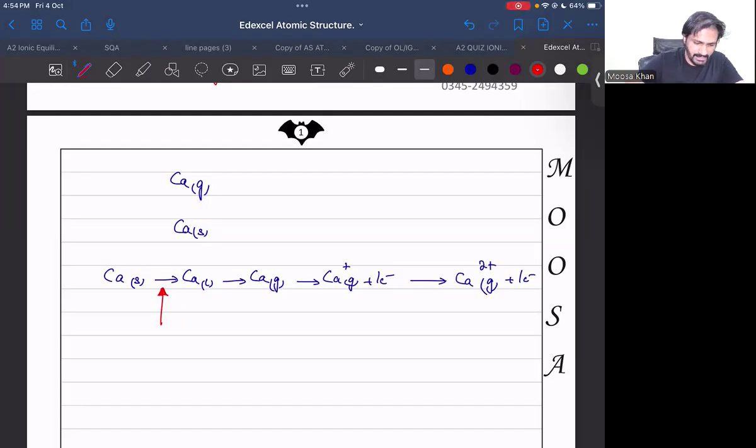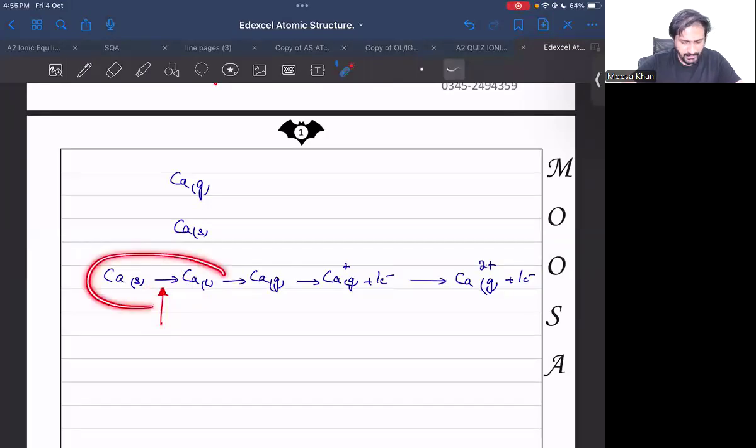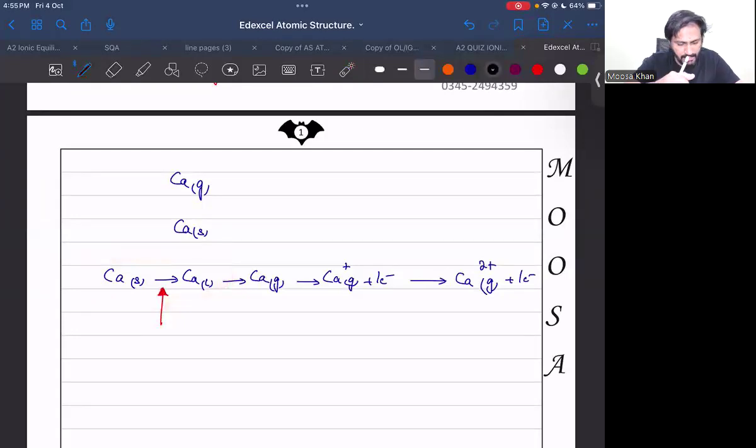How would you call this energy? You must have studied it back in physics in grade 11. What is this process actually? This process is melting, right? Do you have any idea what this type of enthalpy change or energy change used to be called back in grade 11? Nobody, seriously? It is endothermic, but it used to have a very specific name.